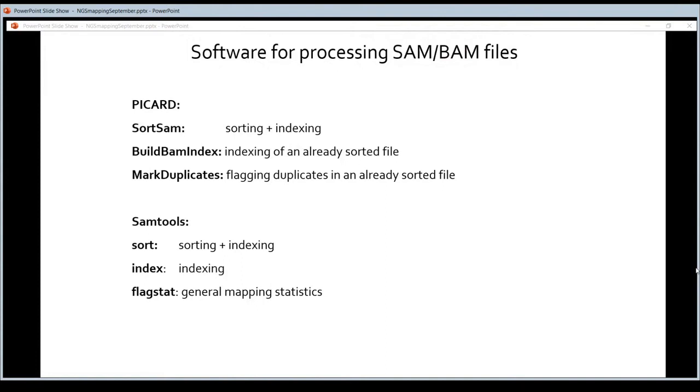So that's the distinction. The only type of technical duplicates that you can identify are the optical ones. So what are optical duplicates? Optical duplicates are duplicates that arise from clusters that are on the border of multiple tiles.